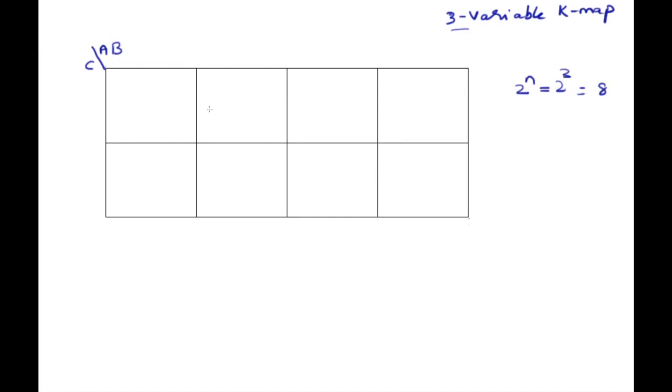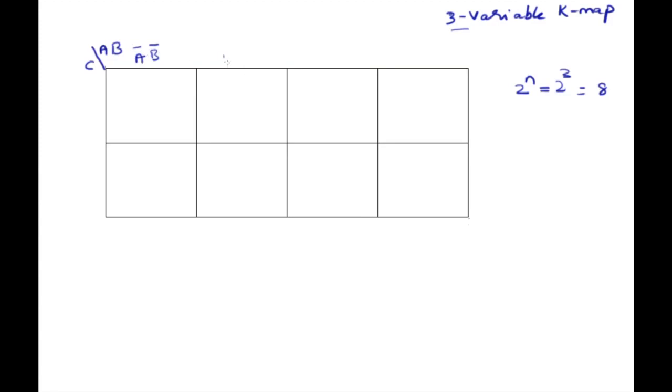Now in these 8 cells, I'll just write these down. Here I have A and B, two variables. So it can be A bar B bar, or you can also represent it as 0 0.